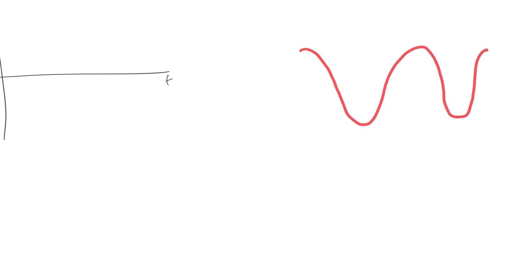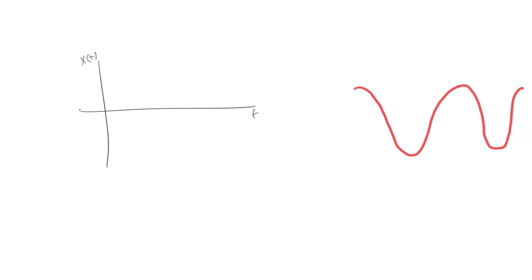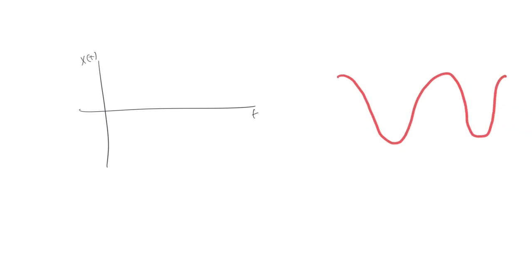Now if the function is only omega t, I mean x(t) is equal to only xm cosine omega t, then when we want to draw x(t), this will be like that.